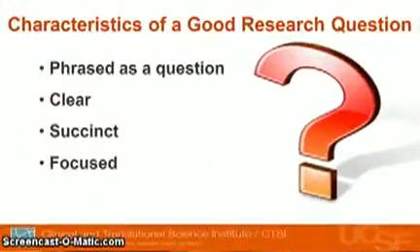Does the investigator in the research question clearly state what you want to learn, what you want to resolve, what you're going to study? You want to be succinct, and you want to make sure the research question is really focused. Does it really pinpoint precisely what you want to study, what you want to discover during this project? So take those characteristics, use the three elements that we just discussed, and write the research question.